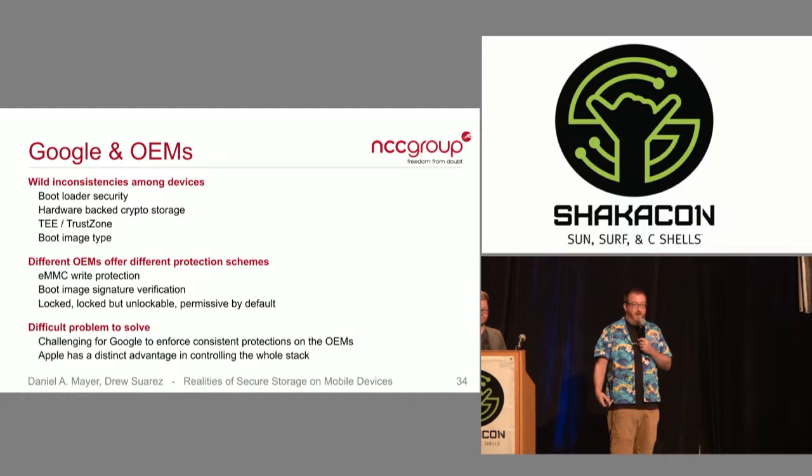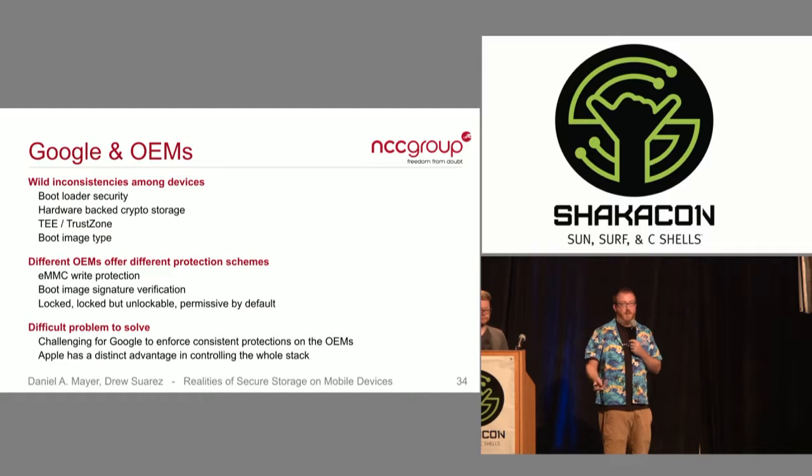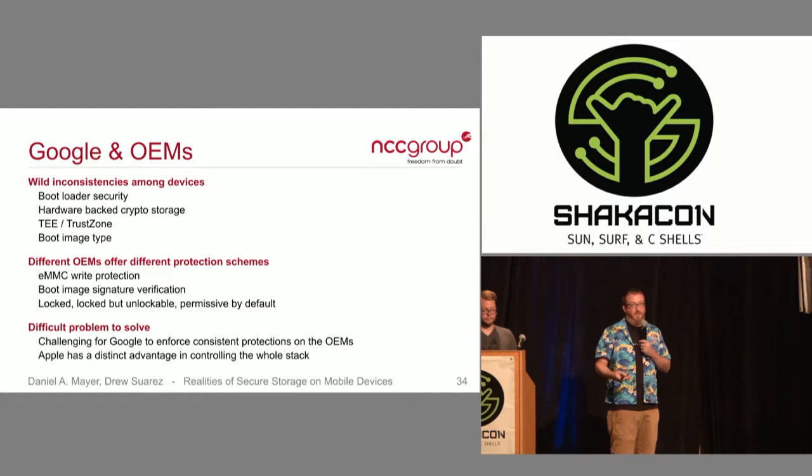And one of the nice things that came out with Marshmallow is that Google finally said, you have to protect the boot to some extent. So you have to put an option in developer options that the user has to go in and manually click a box that says, I am okay with OEM unlock. And now there's a slight barrier to entry because you have to know a user's passcode to get in to enable that option. But there's still a lot of people that just don't set passcodes on their devices and things like that.